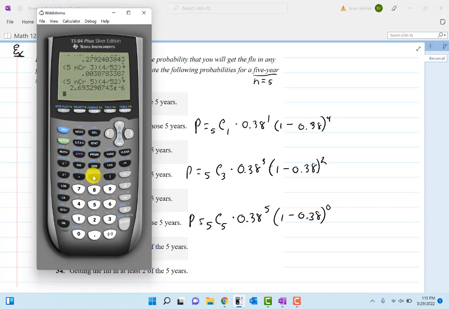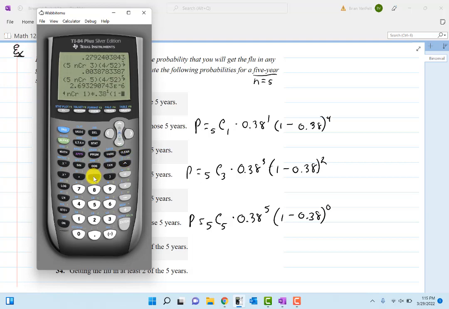I'll start a new one of these. 5 math PRB number 3. I'm doing this first one, so I'm going to put a 1. Finish that parenthesis. Then we have times. I'm not sure you need the times, but we have 0.38, and I'm going to raise that to the first power. And then I know you don't need a parenthesis here.